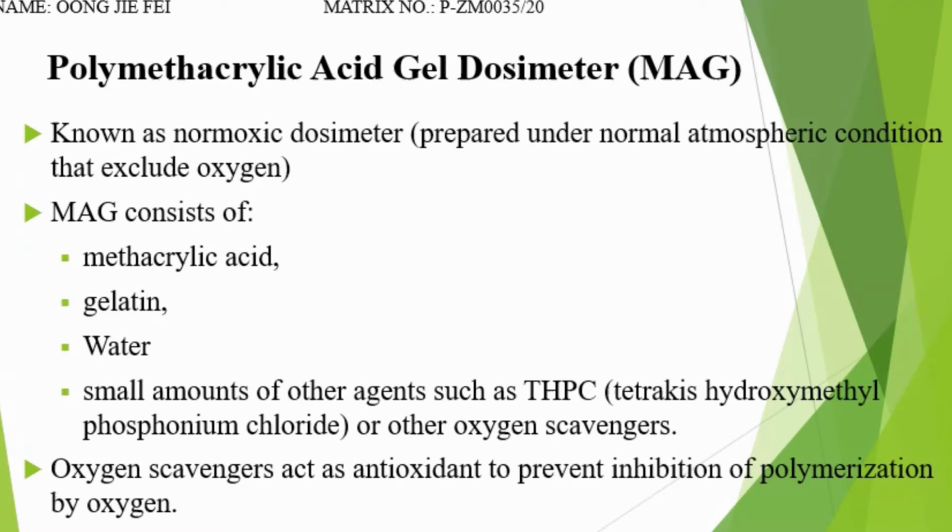The next one is the MAG, polymethacrylic acid gel dosimeter, which is also known as normoxic gel dosimeter, which is prepared under normal atmospheric conditions that exclude oxygen. MAG consists of methacrylic acid, gelatin, water, and a small amount of other agents such as THPC or other oxygen scavengers.